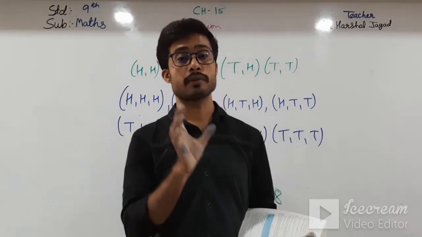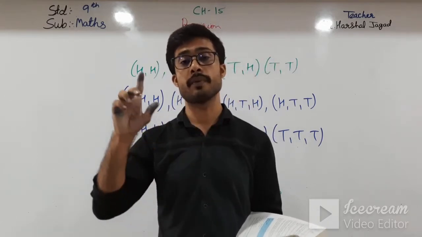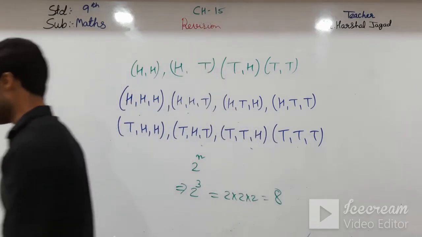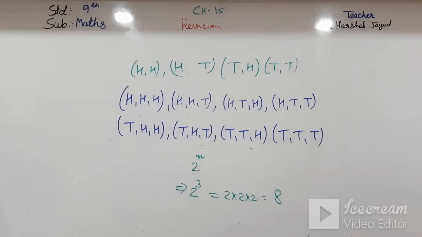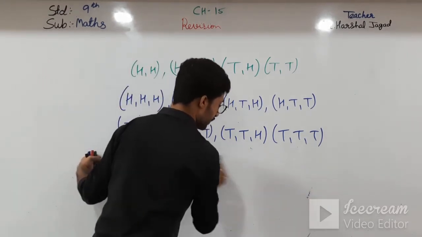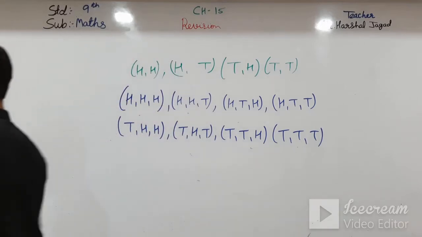So you have to know that P of A plus P of B plus P of C is equal to 1. In the previous revision video, we have seen the total of the probability. See here, I am taking this example only.